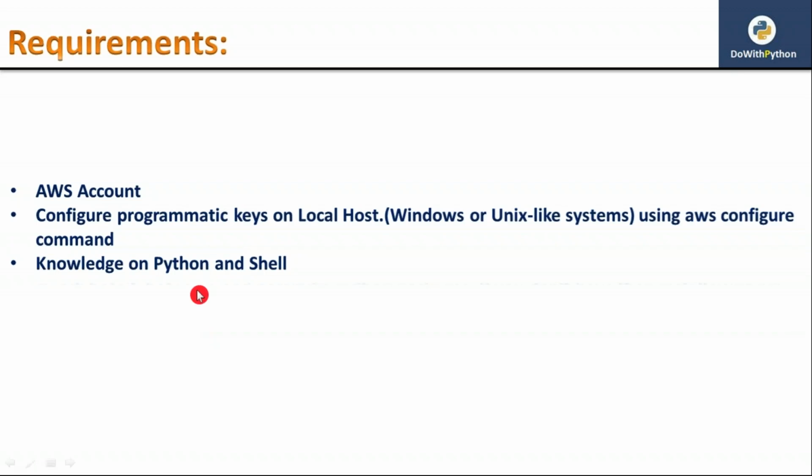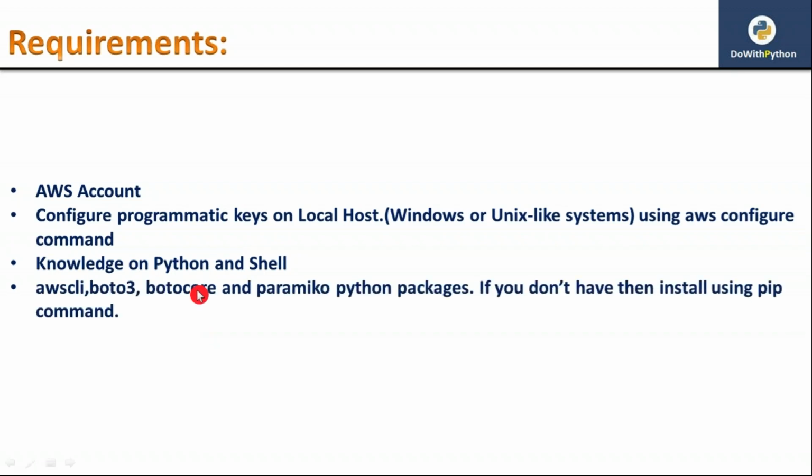Then, in order to implement the code for this Ansible automation on your AWS environment, you require these Python packages: AWS CLI, Boto3, Botocore, and Paramiko. So these are the Python packages required to do your Ansible automation.